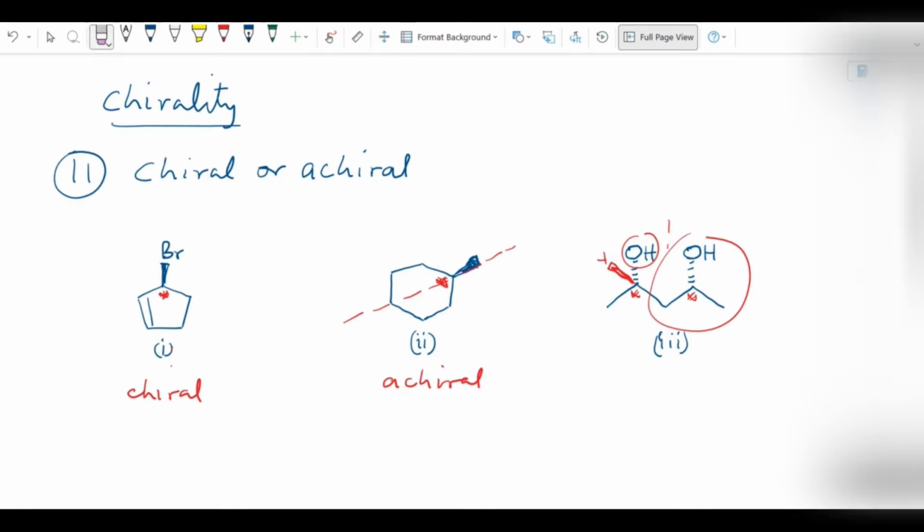That specific carbon is chiral. If you look at this other carbon, there is also an implicit hydrogen that is not shown. Notice that there are also 4 different groups. So that carbon is also chiral.